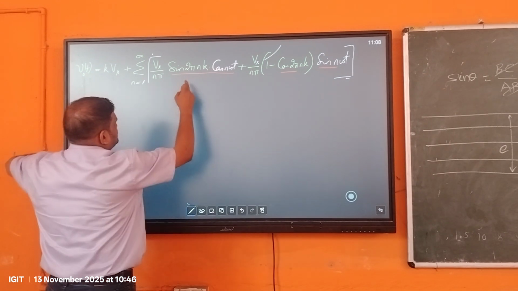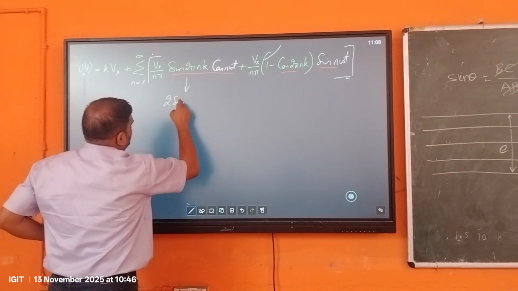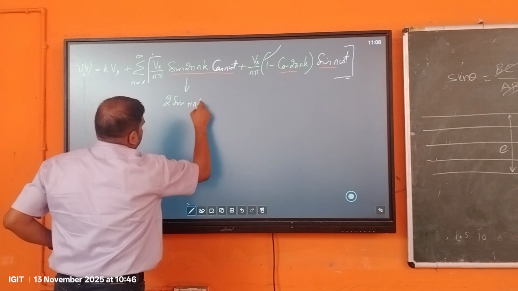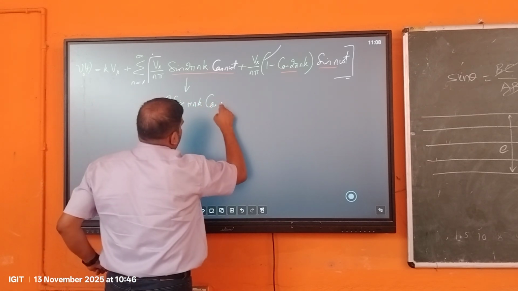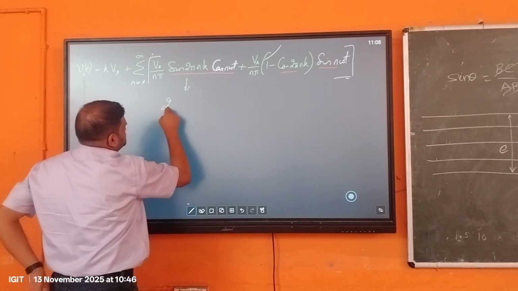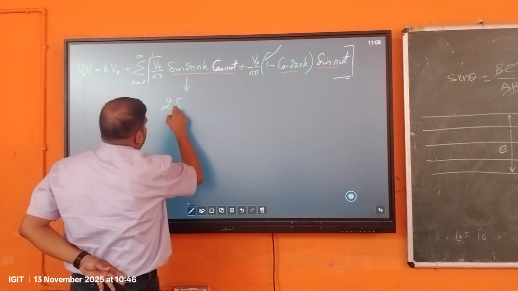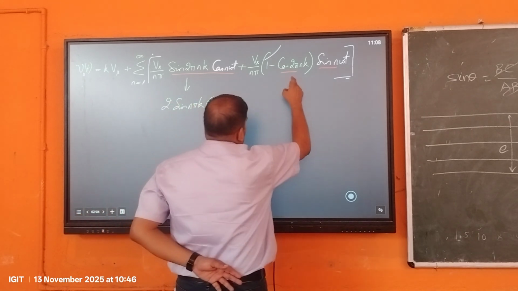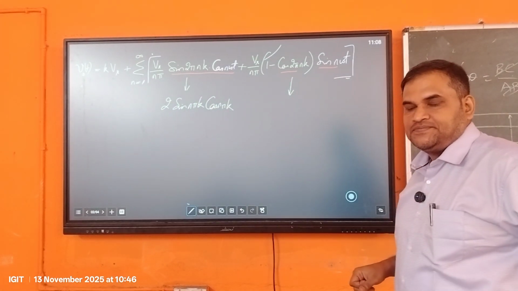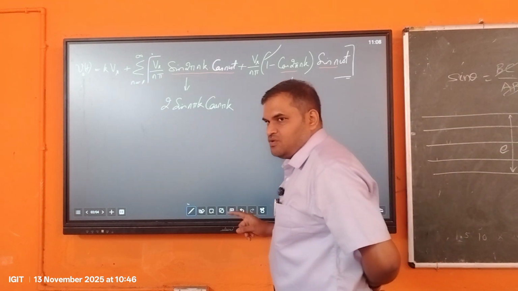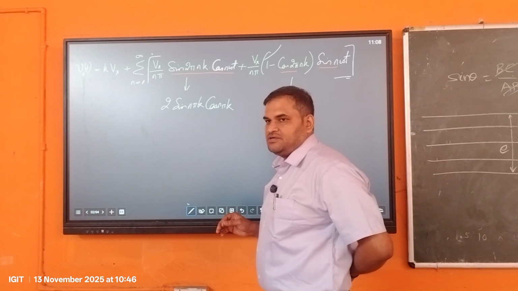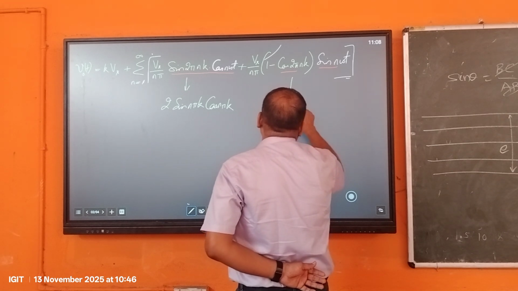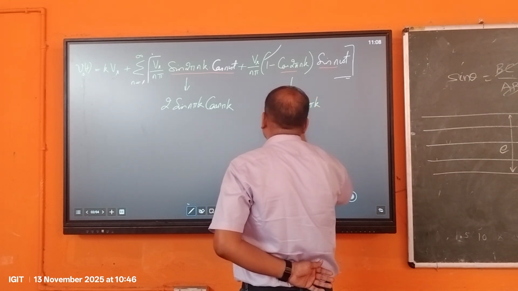What I will do is convert sine 2 theta into 2 sine of n pi k cos of n pi k, and 1 minus cos 2 theta is 2 sin square theta, so 2 sin square n pi k. Can we write like this?